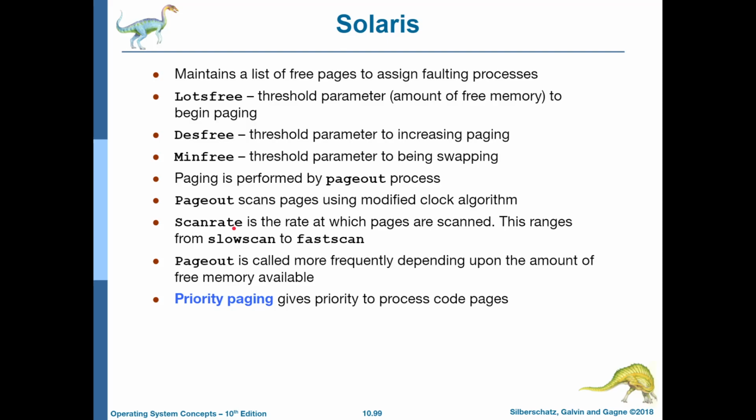We can determine how fast this page out scans by using the scan rate. And the page out will be called more frequently if free memory is lower than a particular threshold. And then Solaris also uses priority paging based on the priority of the process.